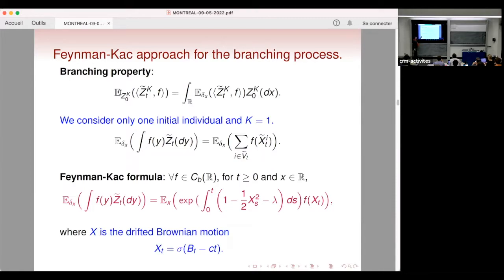Here we are at the measure level, so Z tilde_t is a measure. And here we have the expression, which is the expectation from x of f of X_t, where X_t is the underlying moving process, which, as we have seen, is a drifted Brownian motion here, it's very simple, times this multiplicative functional, which is the exponential of an additive functional, and you see here you have the growth rate.